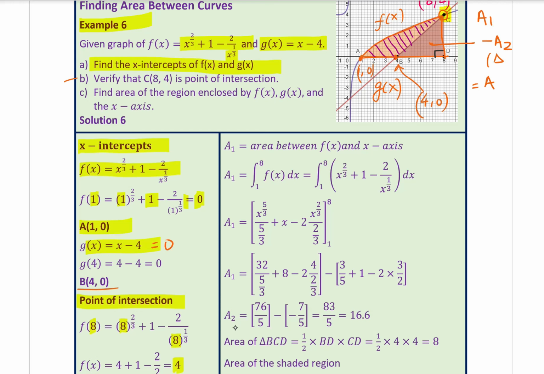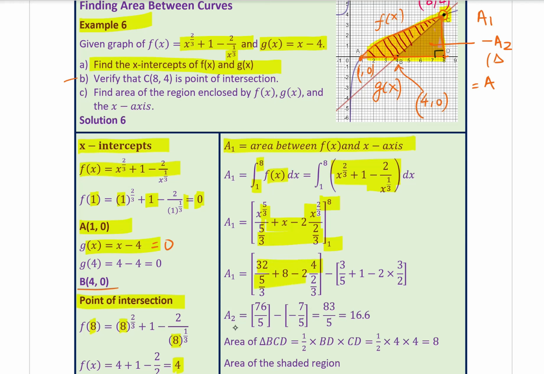Now, let's find the area. In the first part, we'll find the area bounded by f of x and the x-axis. That is to say, the whole area, right? So we are going to find the whole area. Definite integral between 1 to 8 of the function, and this is your function, right? Power rule will be applied to get the value of the integral, and we'll evaluate the value within the interval 1 to 8.